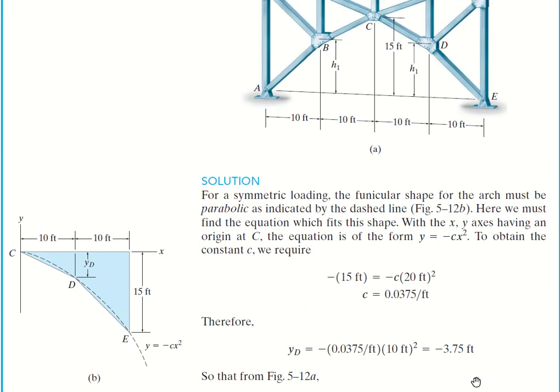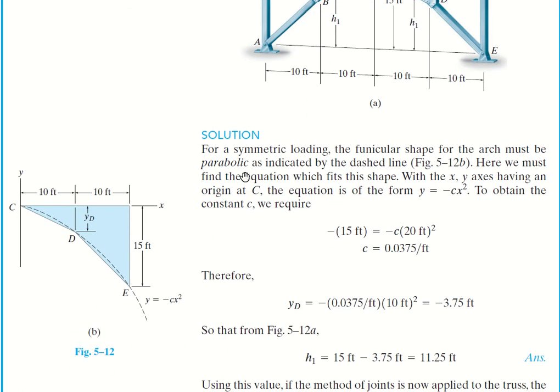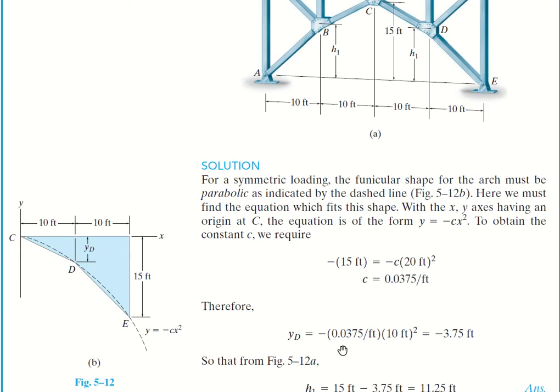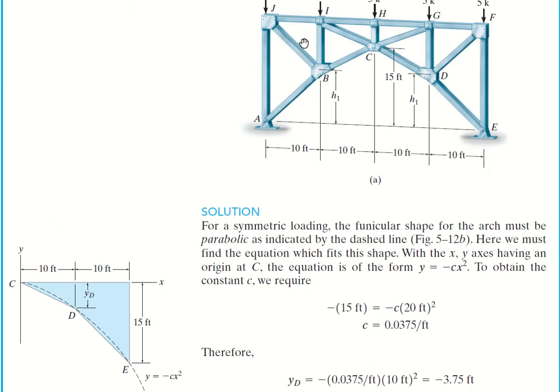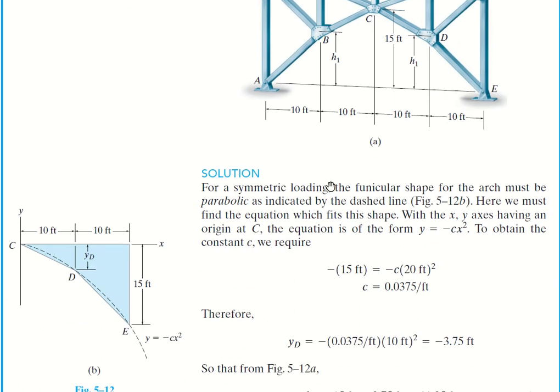Okay, this AB, BC, CD and DE, all these members will support the loads if you are using the method of joints. So all these above will be zero force members. For example, this one, this one, this one, this one, the load is directly transferred to these members, right?